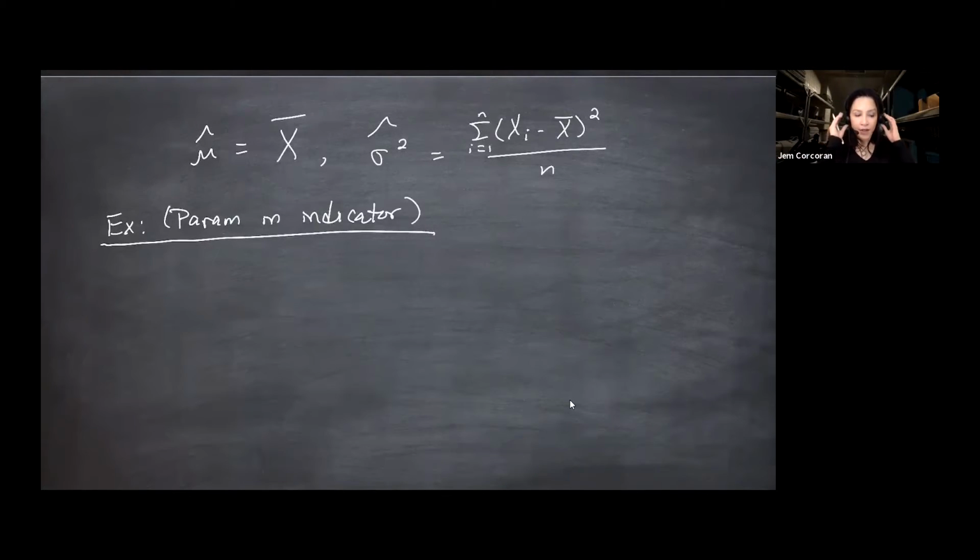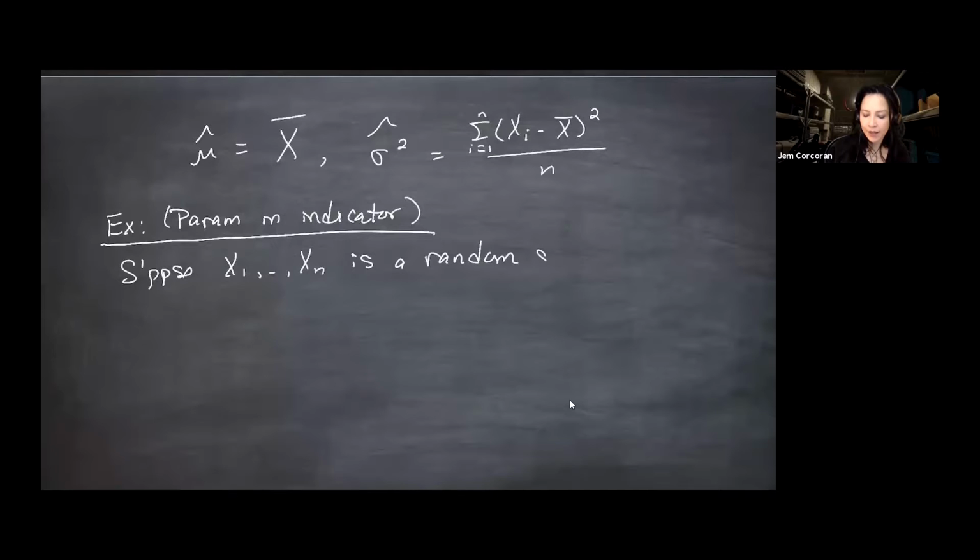But I'm going to kick it up a notch and use a slightly more complicated example. I'm going to have the parameter in the indicator and 2 parameters. So suppose that x1 through xn is a random sample from the distribution with the following PDF.